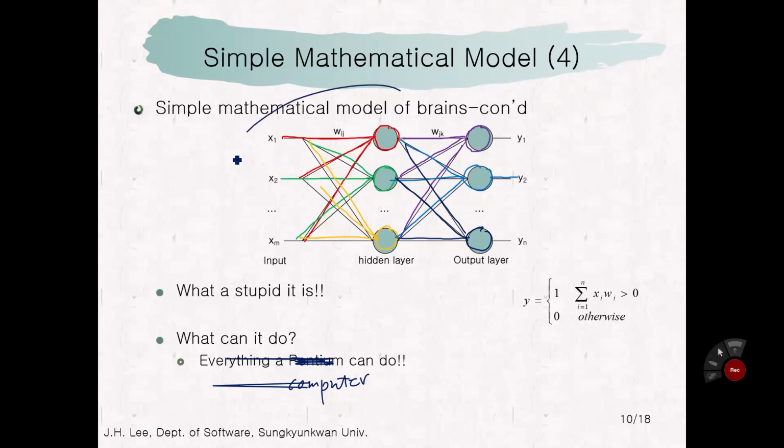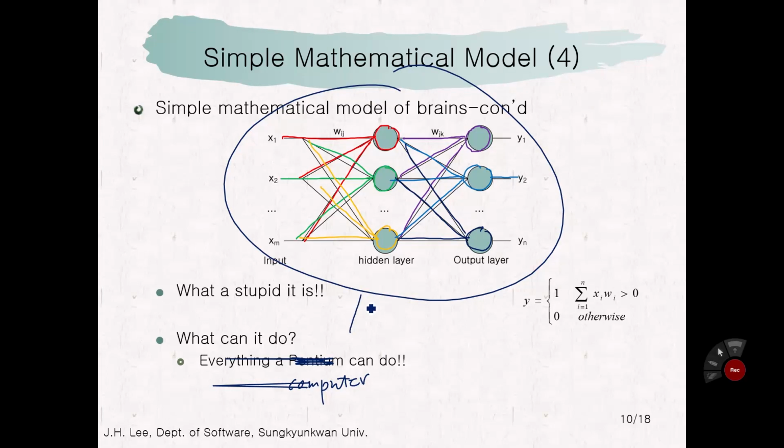Okay, the neural network and a computer, they are equivalent, right? Can you prove this? How can this neural network do everything a computer can do? Is it possible? 증명 가능하죠? Because yes, you can prove this. Why?